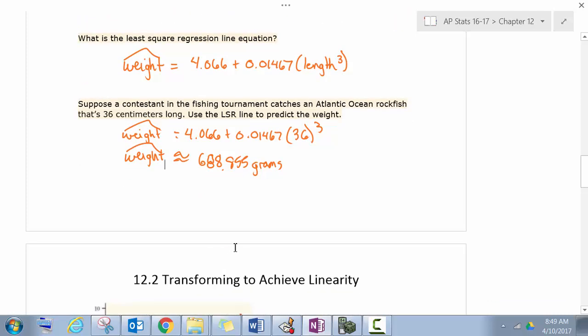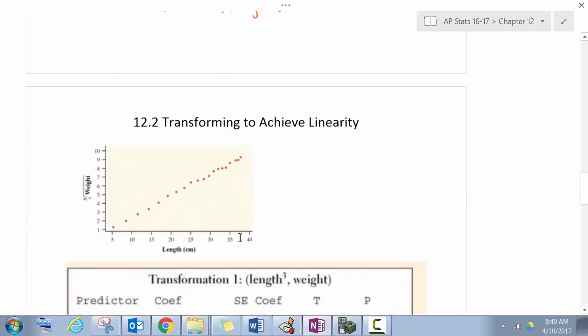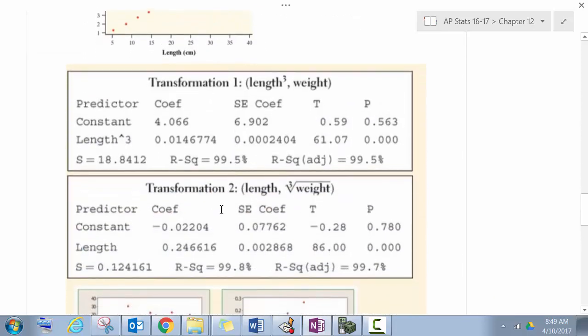Now, instead of cubing the length, we could have done basically the same thing and taken the cube root of the weight. And you can see that this is a linear pattern as well. A little bit better. Here's our data that goes with it. This is our length cubed. This is our cube root of weight. So we did it to the y value instead of the x.